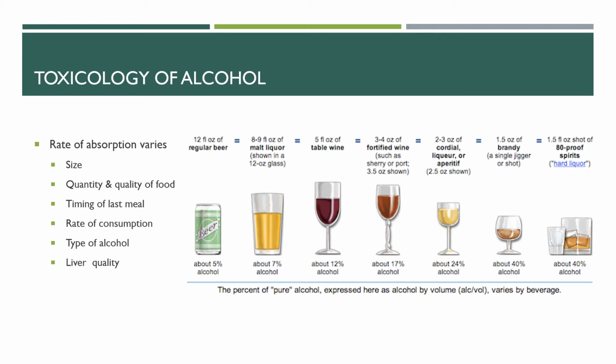If you're on certain prescriptions that are already using your liver to metabolize them, you're going to have less liver bandwidth to break down your alcohol. That'll affect you more. If you just naturally don't produce as much alcohol dehydrogenase as somebody else of the same size as you, you're going to get drunker faster. And that's not something you can control.